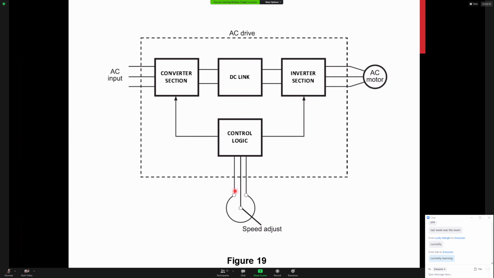You're not building a program from scratch. You do that in the PLC, but the variable frequency drive, you're setting parameters. So here we have a simple speed pot. This is most likely a 10,000 ohm or a 10K potentiometer, which is used as a reference for what the output frequency is. So those are the four main parts and the purposes that they do.